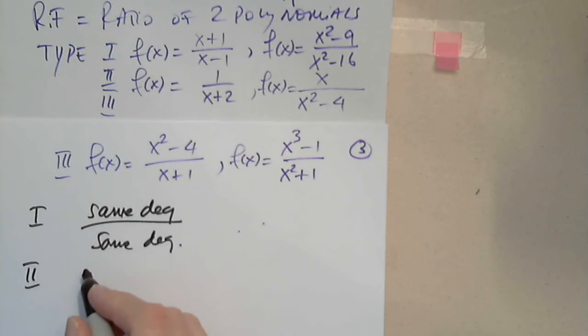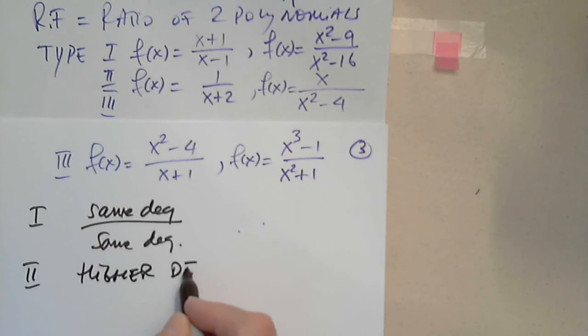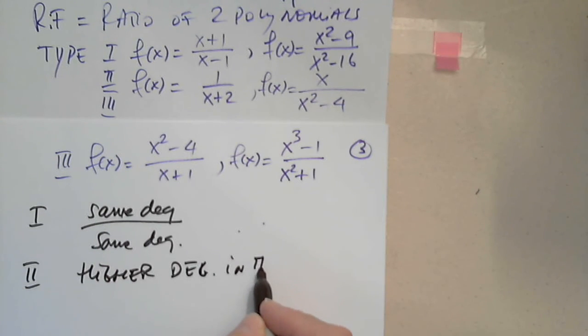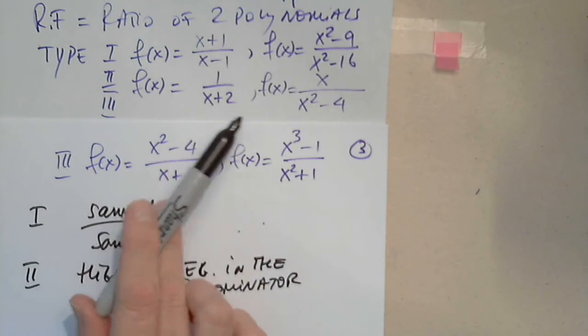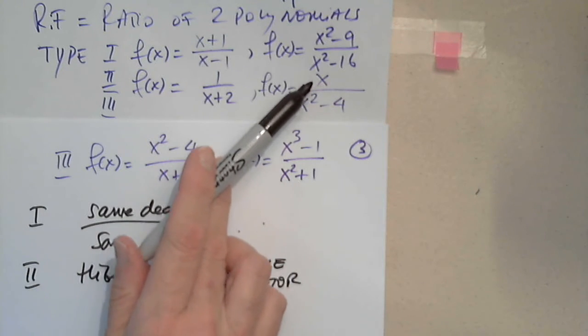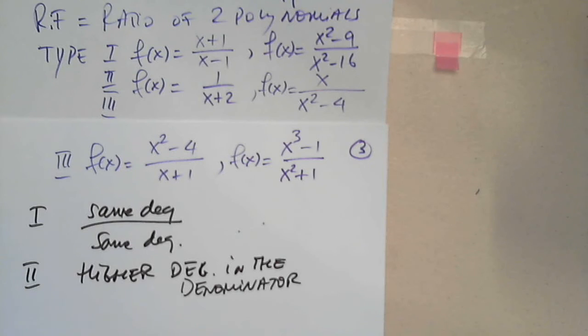Yes. So in other words, higher degree in the denominator. Excellent. That's the property. Higher degree in the denominator. It could be 1 and 3, 1 and 10, 2 and 4, 5 and 9. It doesn't matter. It's higher degree in the denominator.